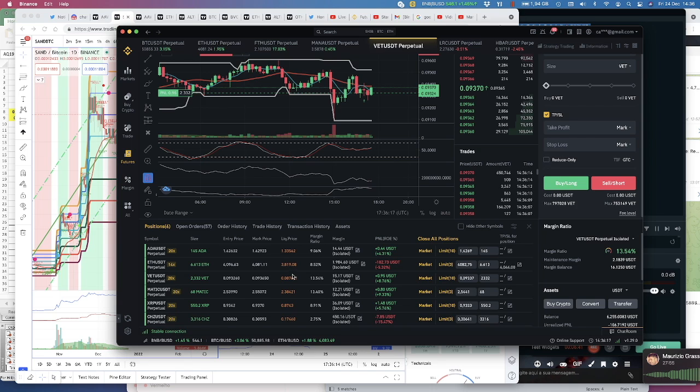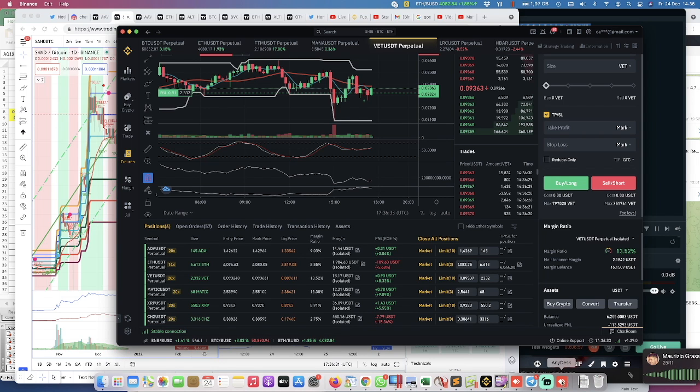Otherwise there's no point in having a stop loss if you're going to get liquidated anyway. I think it's clear now. Yes, it's very clear.